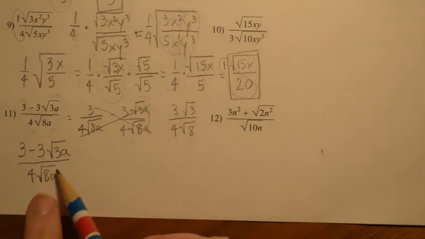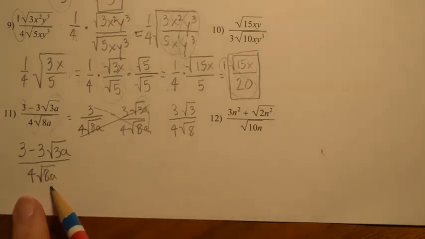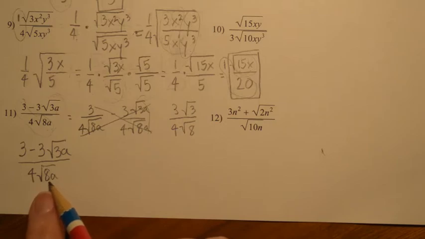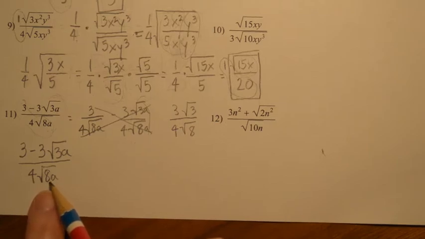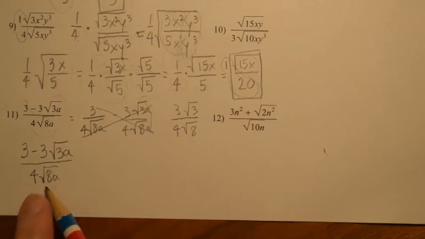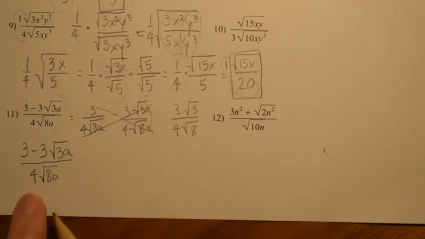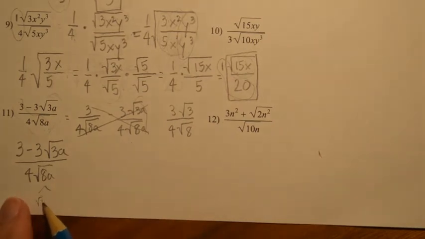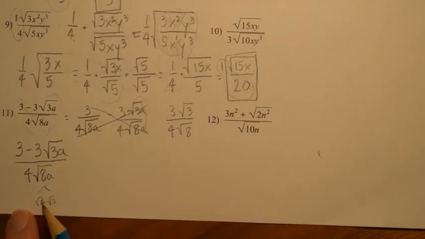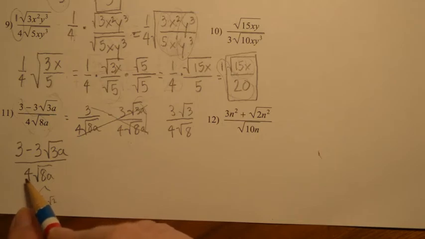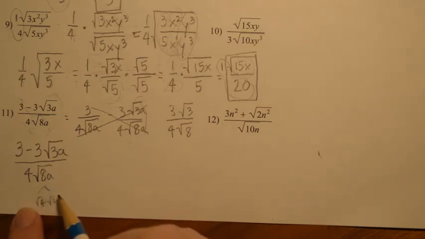What I do in problem 13 is I simplify the denominator first by taking the 4 out of here and grouping it, so this is square root of 4 times square root of 2. I take this square root of 4 out as a 2, and I would join it with this 4, so that would become 8 times square root of 2a.